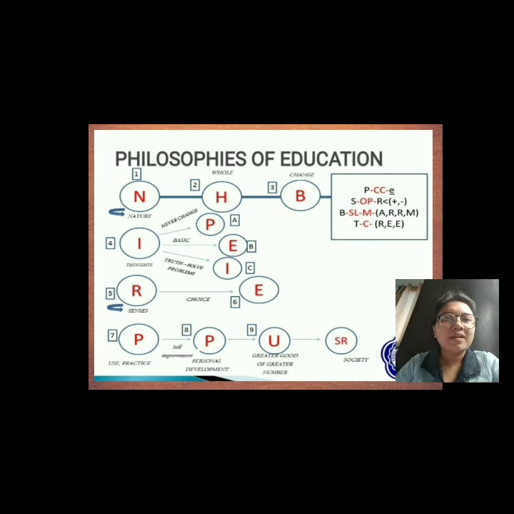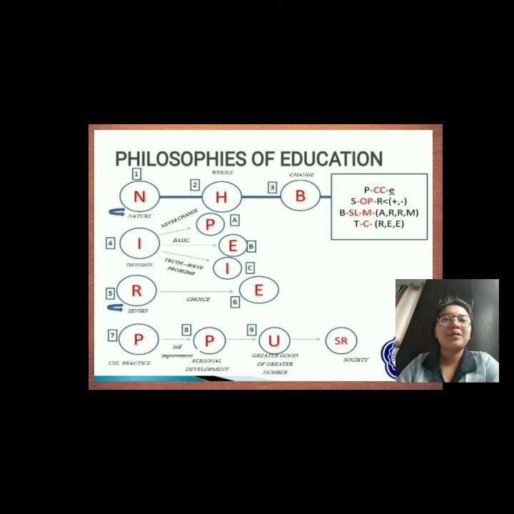And then we also have the letter P, which stands for Ivan Pavlov, and CC is classical conditioning, and E here is environment. In S, it is Skinner, operant conditioning. There are two reinforcements, positive and negative reinforcement. And the P stands for Bandura. SL, social learning. M for modeling. And ARMM, it is attention, retention, reproduction, and motivation.